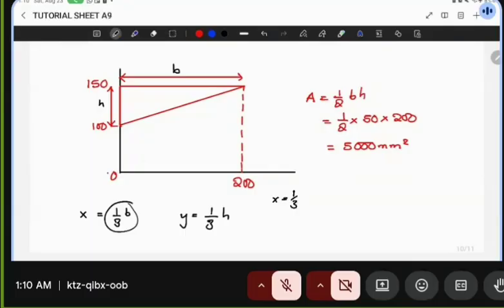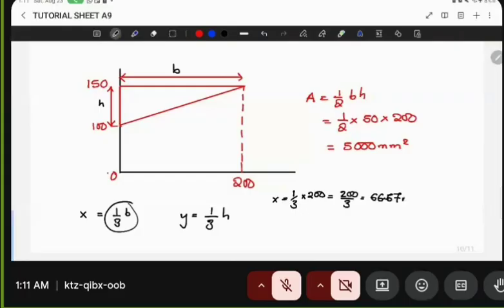When I take 1 over 3 of b, my b is 200. So 1 over 3 of 200, so 200 over 3. What will be that answer here? 66.67.